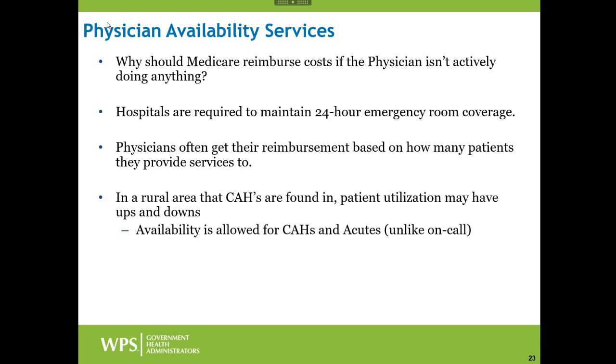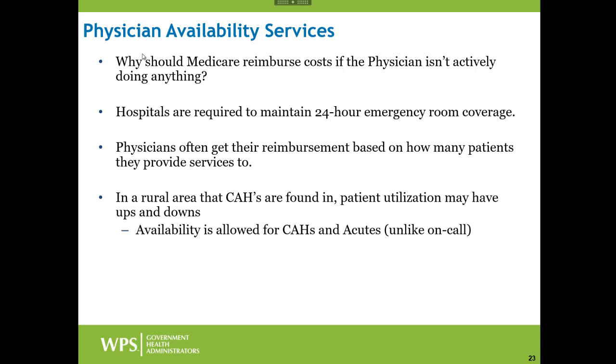They're not going to be willing to work that much or be available that much if they're only being reimbursed when a patient comes in, for whatever services they provide. So instead, a hospital generally has to compensate them for just simply being available, whether on site or off site on call.